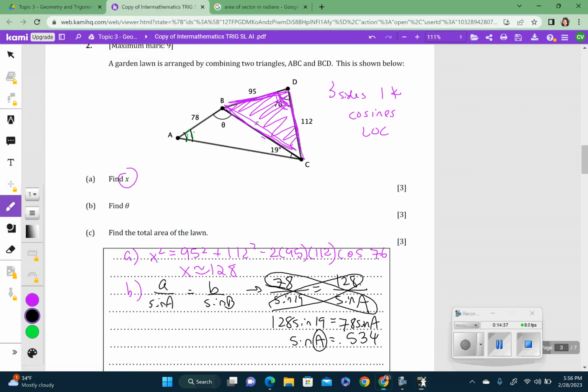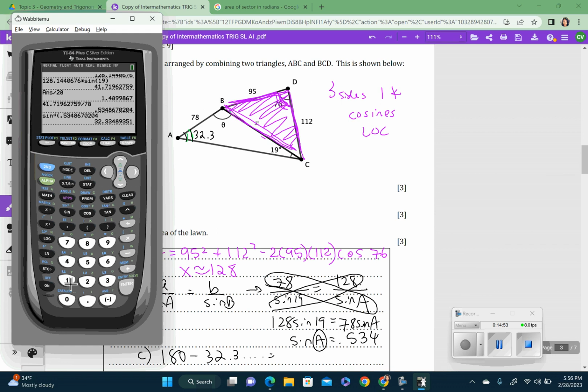So this I just found out was about 32.3. And then I have to do 180 minus that answer. So part C is 180 minus 32.3 something. So let's just do it, 180 minus the answer that we got from here. And remember, we're not rounding until the end.